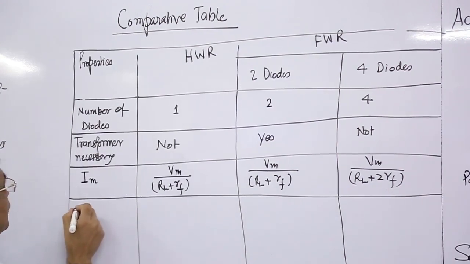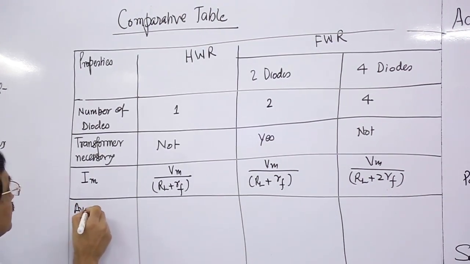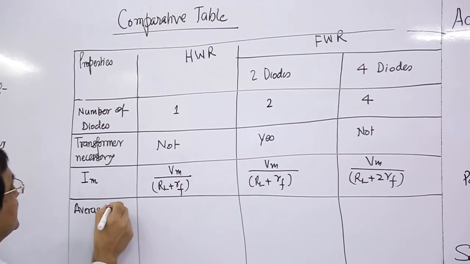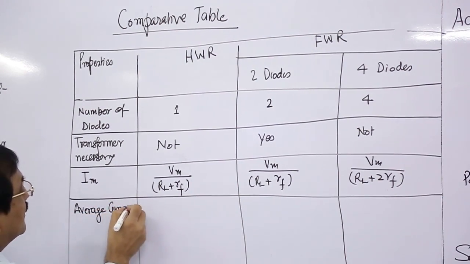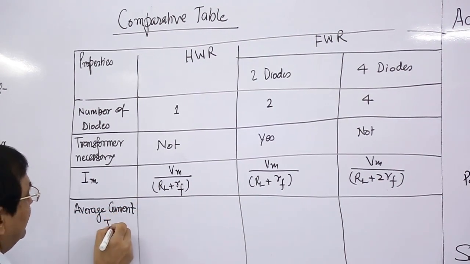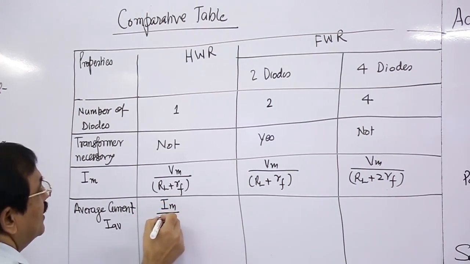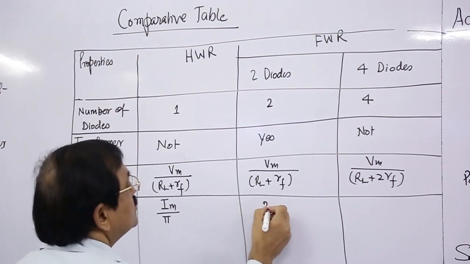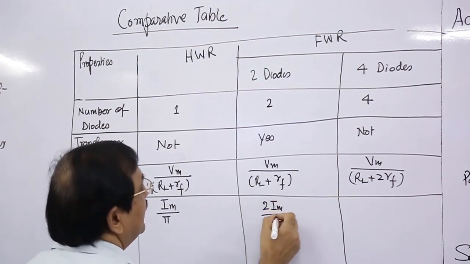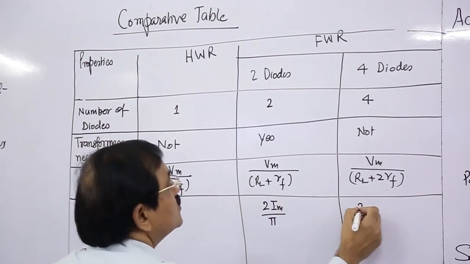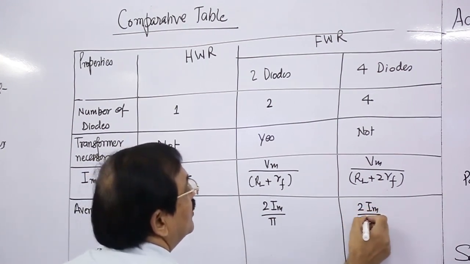Then average current, I average, this is IM by pi, this is 2IM over pi, that is 2IM over pi.